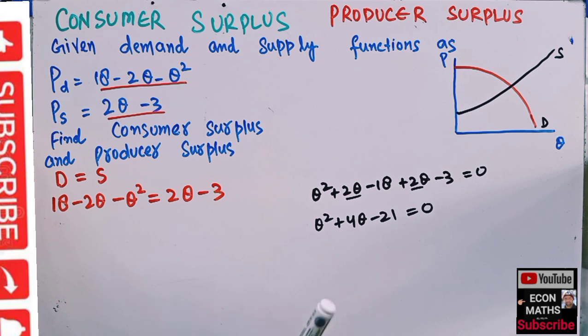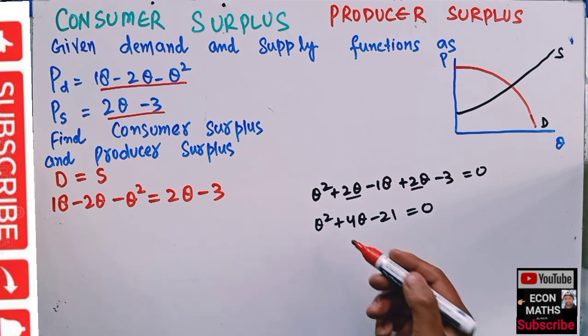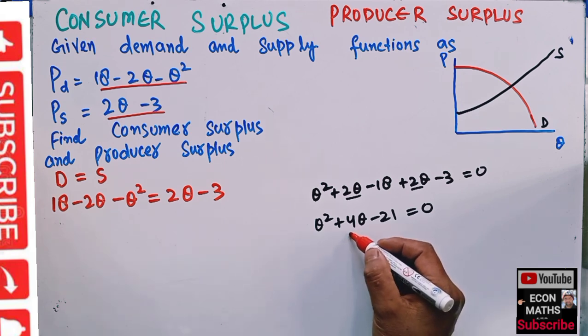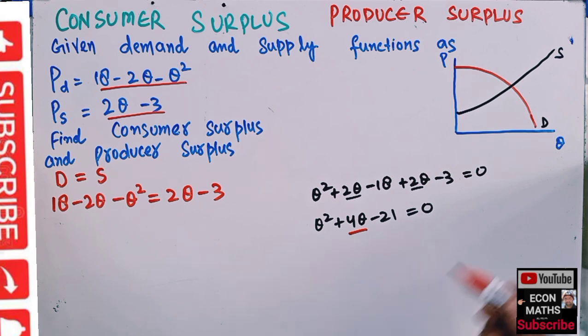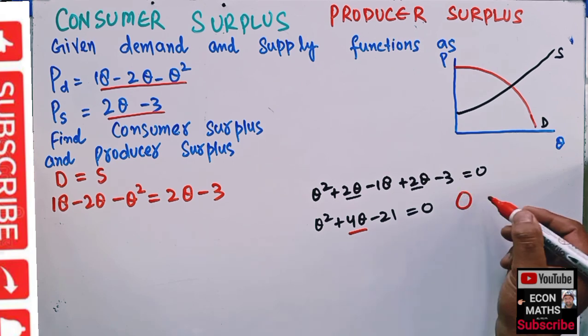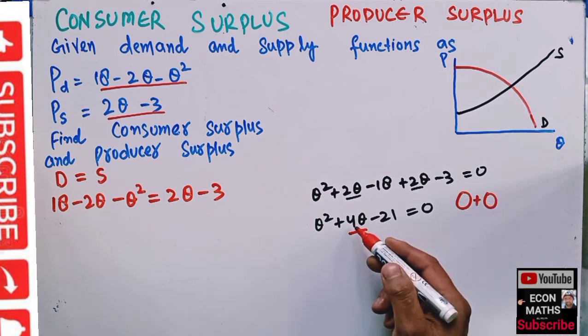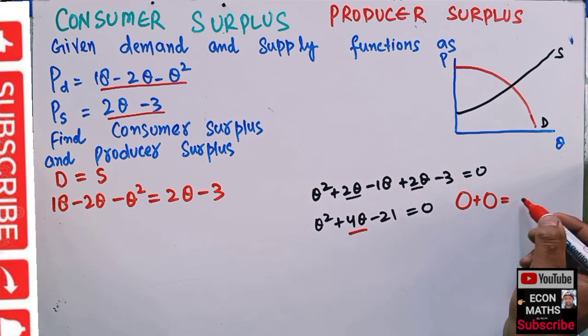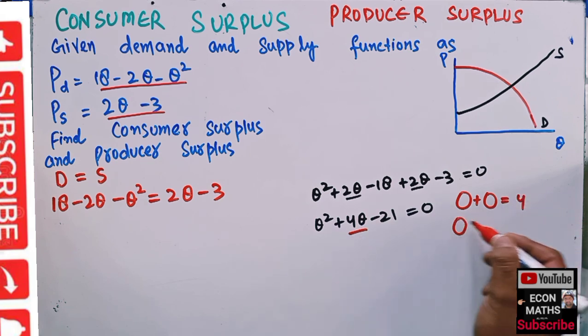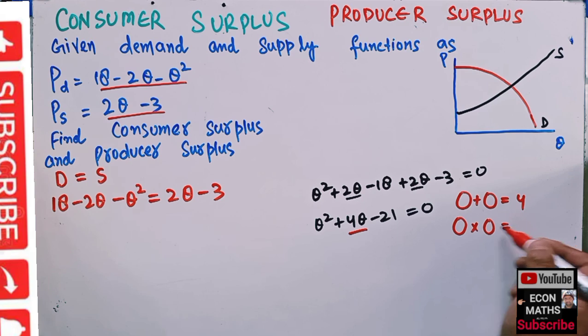Since it's a quadratic function, we need to solve this. We need to split the middle term. So we should find two numbers such that their sum is equal to 4, and the product of the same two numbers should be equal to the constant term, minus 21.